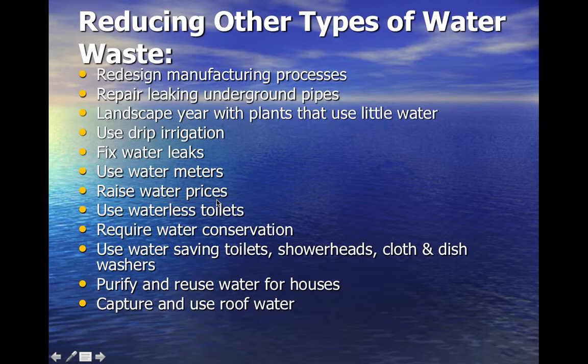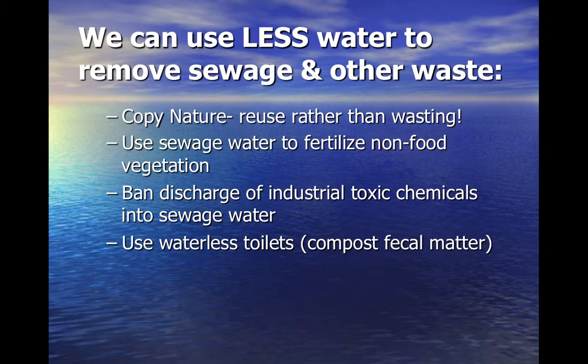It has been noted that if prices go up, people will tend to shy away and not use as much. Use water-saving toilets, shower heads, clothes washers and dishwashers. Purify and reuse water for houses. That is called gray water. Capture the water as it comes off your gutters and use that for watering your plants in the garden.